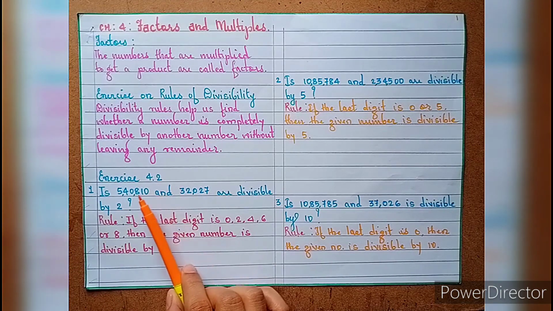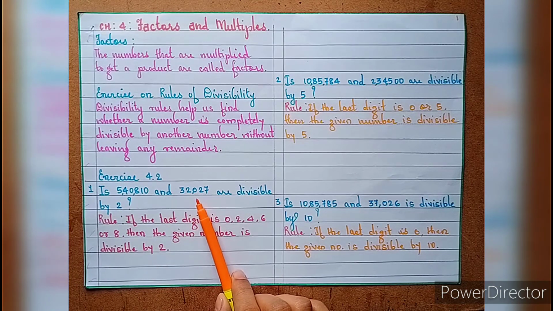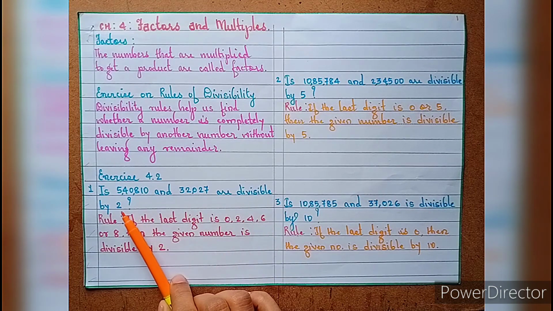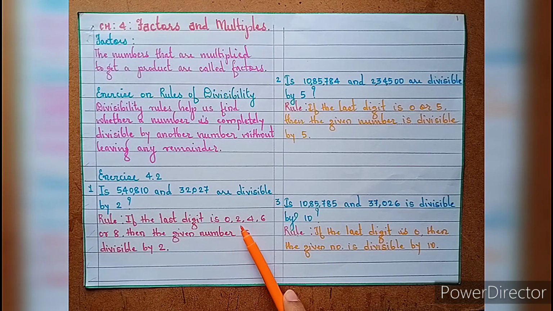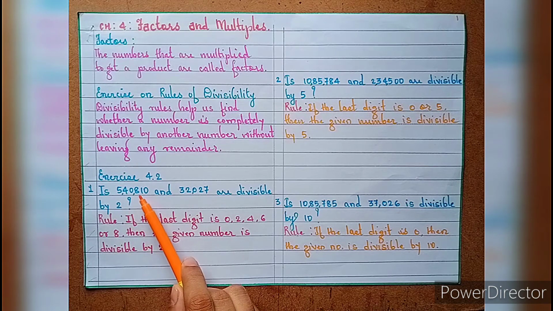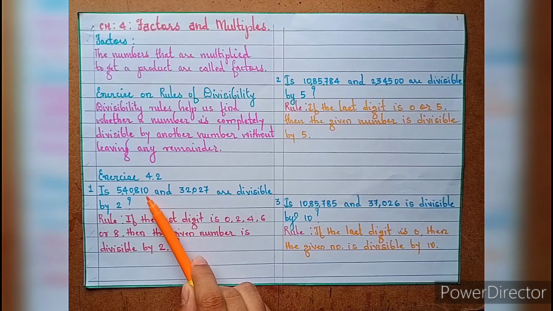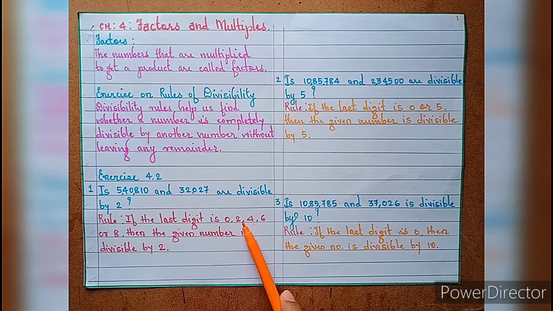Exercise 4.2. Are 5,40,810 and 32,027 divisible by 2? Now we have the rule of divisibility, that is, if the last digit is 0, 2, 4, 6 or 8, then the given number is divisible by 2. Now in the number which is given, we have to see whether ones place is having 0, 2, 4, 6 or 8, any of the digits out of this.